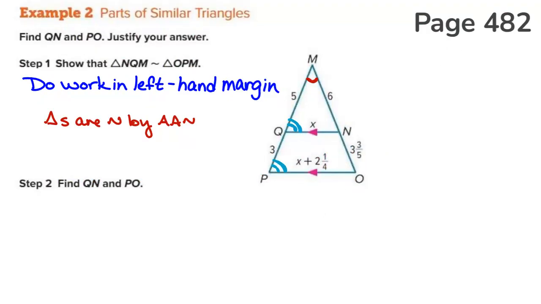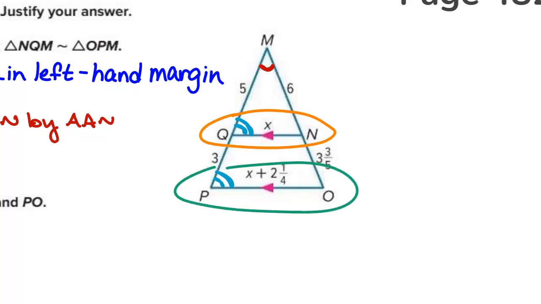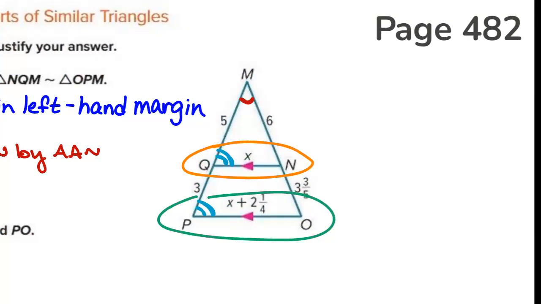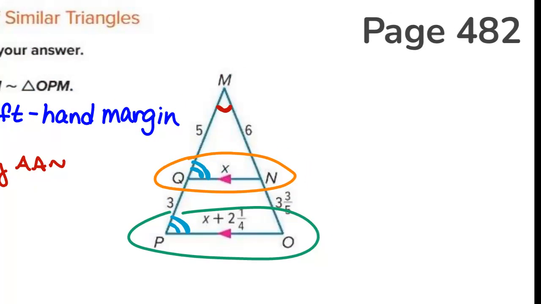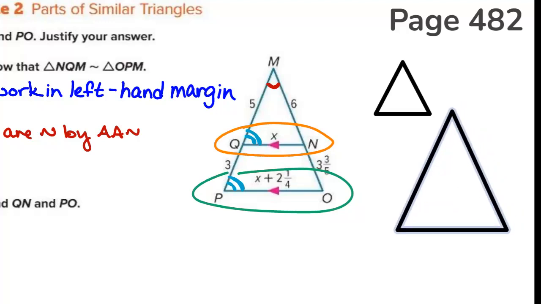They want us to find the lengths of side QN, this one right here, and PO, this one down at the bottom. So I'm going to redraw those two triangles. I'm going to draw the small one and the large one. There's the small triangle. There's the large triangle.